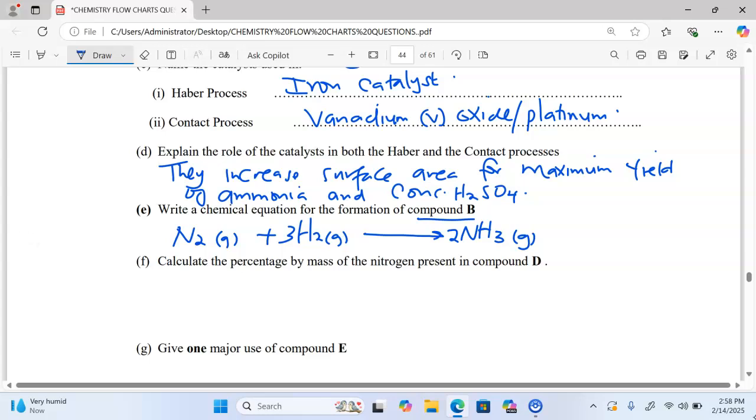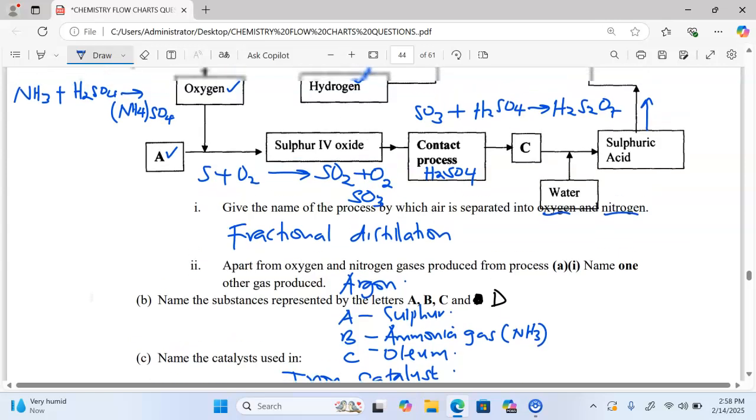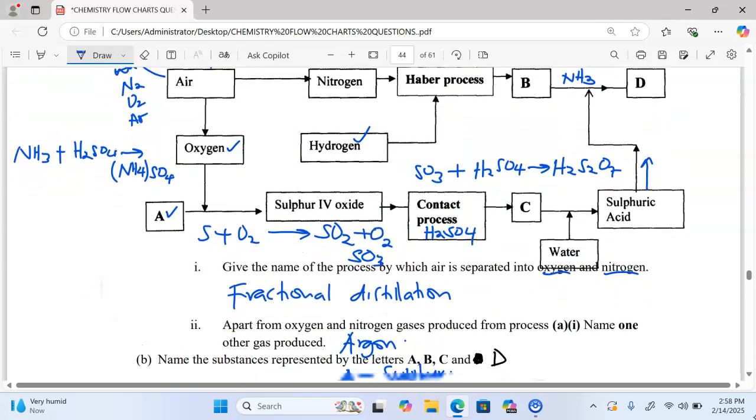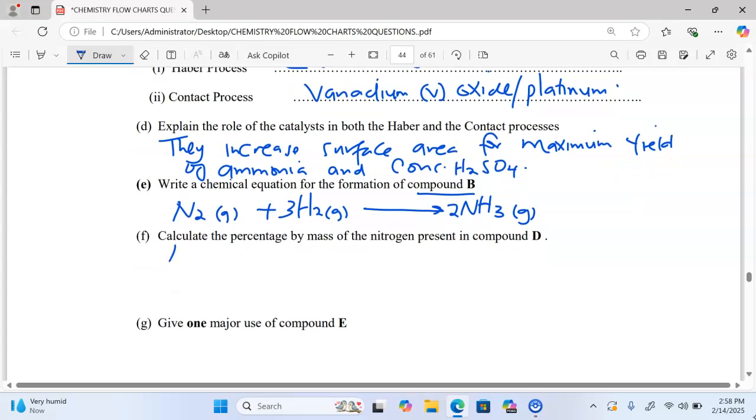F, calculate the percentage by mass of nitrogen present in the compound. In this case, we are going to look at the compound produced, which is compound D. Compound D is ammonium sulfate, and ammonium sulfate is produced by reacting ammonia gas plus concentrated sulfuric 6 acid, which gives us ammonium sulfate.